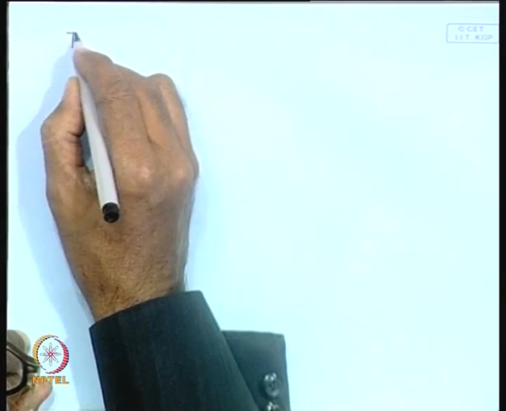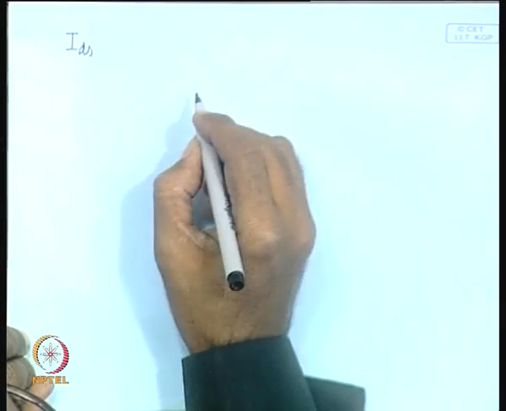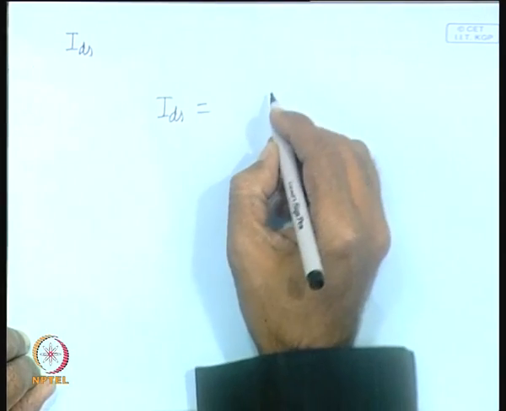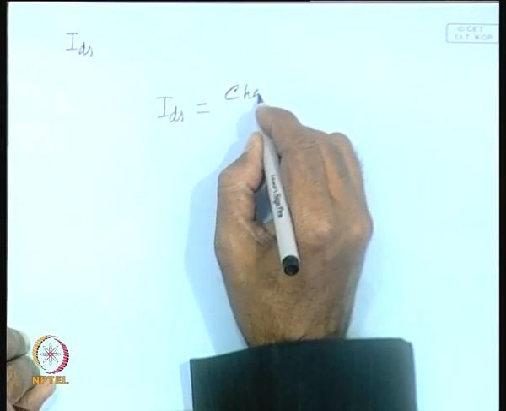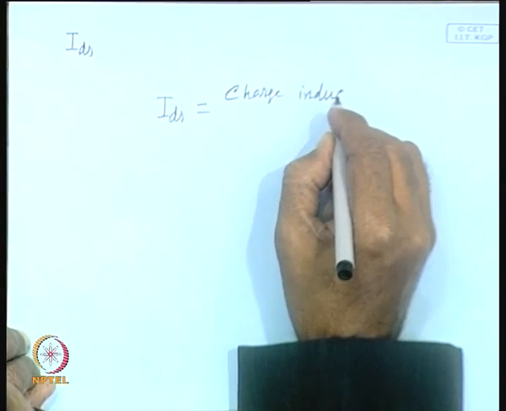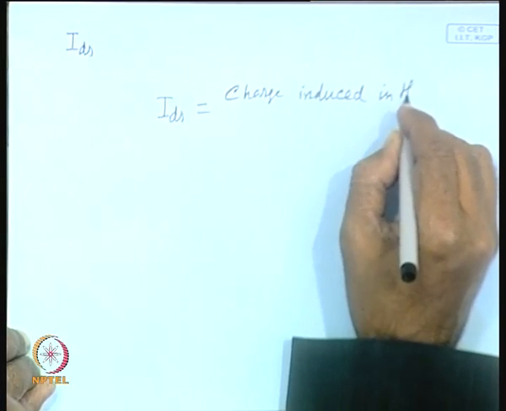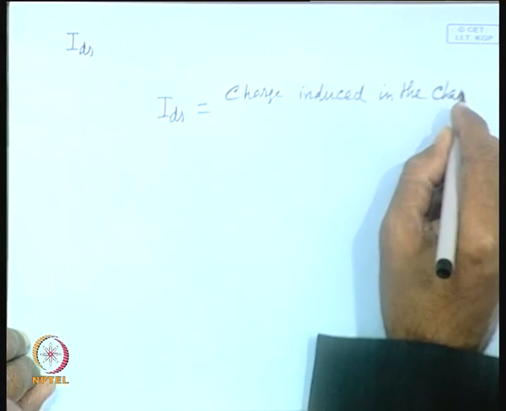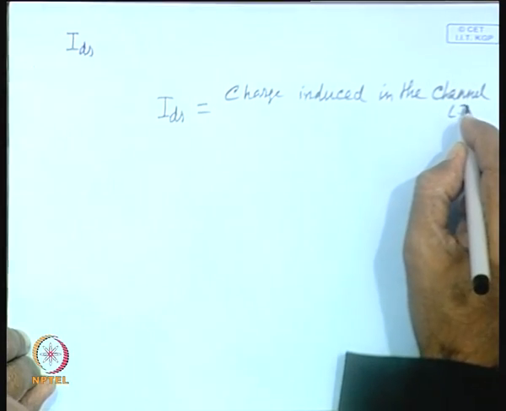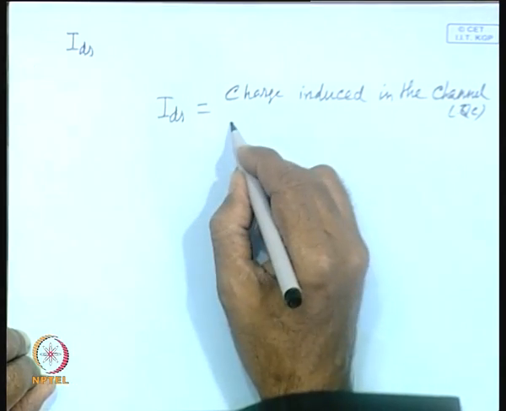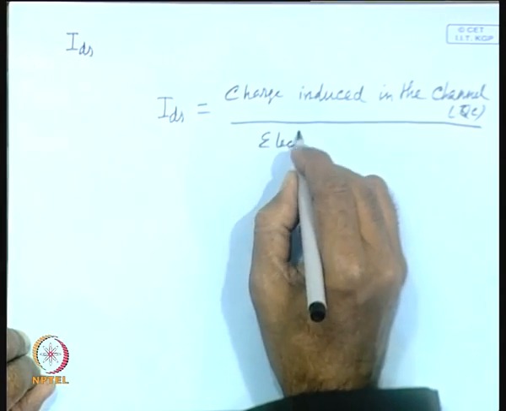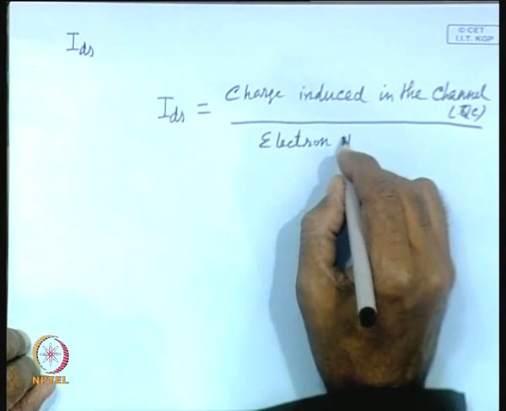IDS, the drain to source current, can be represented as the charge induced in the channel, which we call QC, divided by the electron transit time.